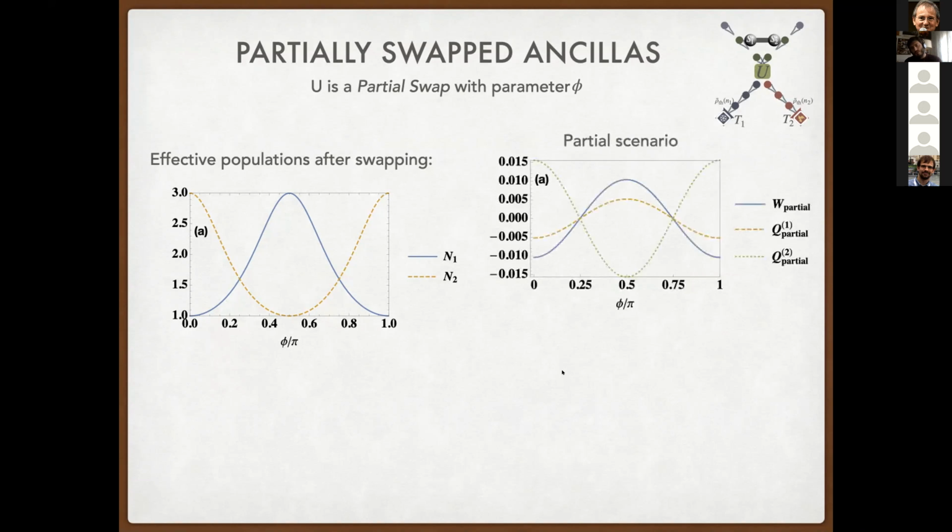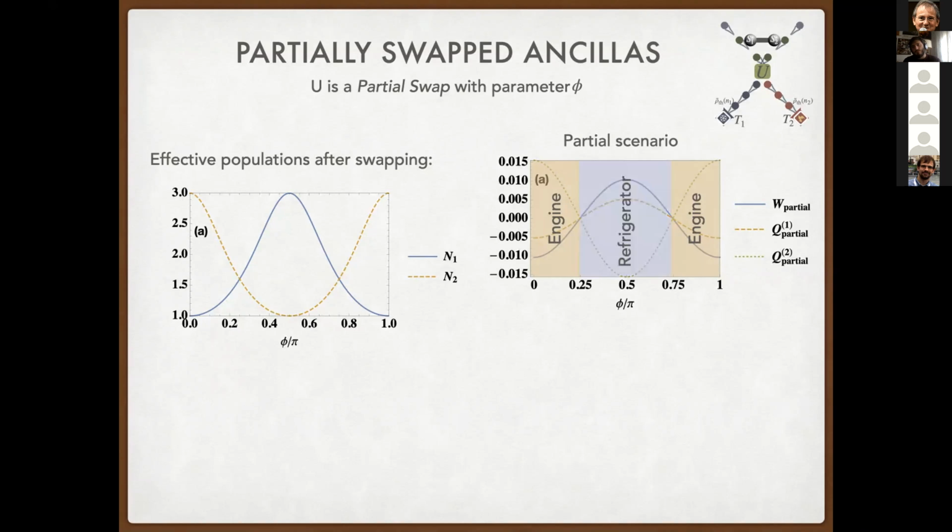So let's see what happens in the partial scenario. In this plot, I'm plotting the work and the heat currents Q1 and Q2 from the two baths, as a function of the swapping angle phi. When phi is small, this situation corresponds to an engine. Here I have to look at the work. The work is negative, which means that this is work that is produced.